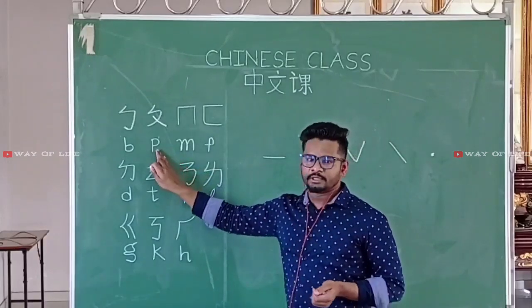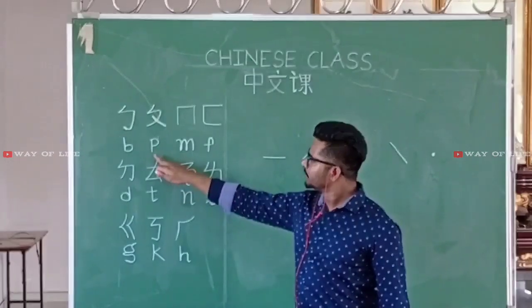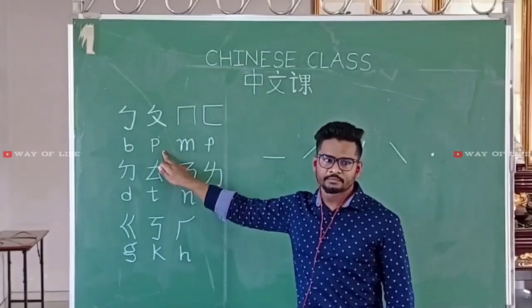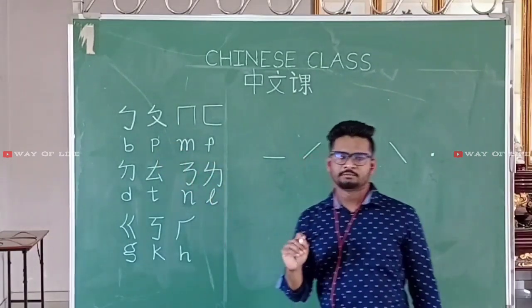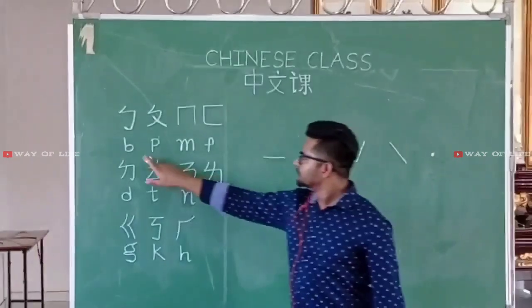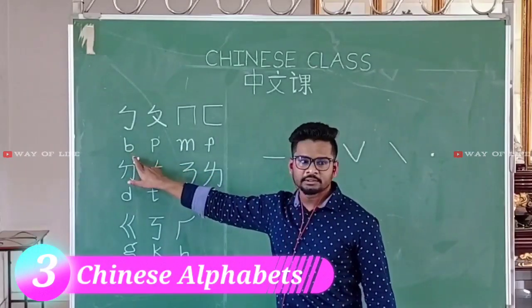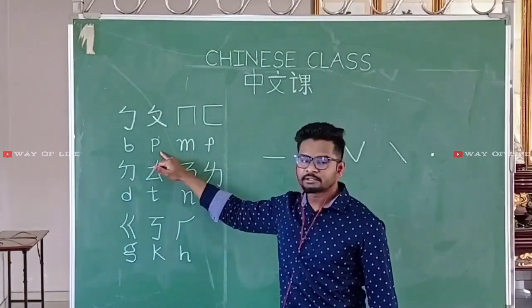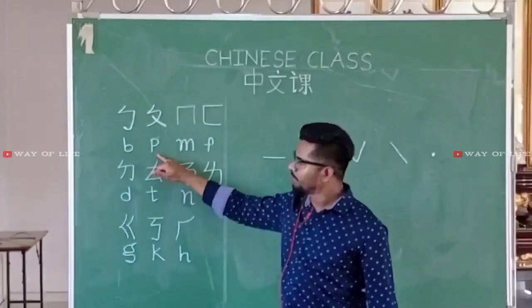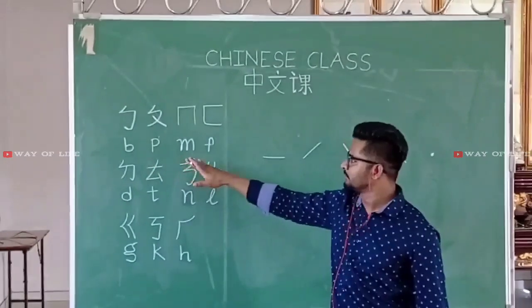Similarly, if we take the second alphabet, it is denoted by P, but we have to pronounce it differently. The first one is P, denoted by B. The second one is P, denoted by P. Okay, don't confuse.